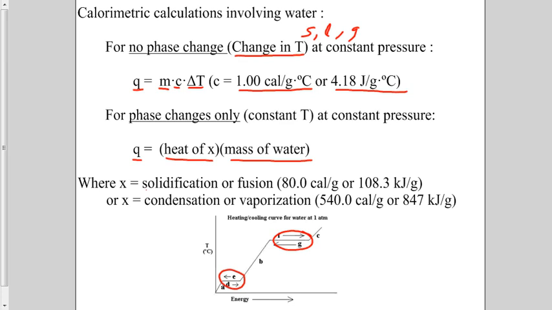The value of the heat of solidification or heat of fusion is 80 calories per gram or 108.3 kilojoules per gram. And the heat of condensation or vaporization is 540 calories per gram or 847 kilojoules per gram. We may also use other values for those particular things.